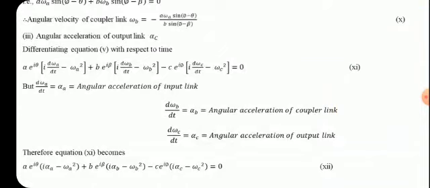Therefore, equation 11 becomes A e^(i theta) into i alpha a minus omega a square, plus B e^(i beta) into i alpha b minus omega b square, minus C e^(i phi) into i alpha c minus omega c square is equal to 0.